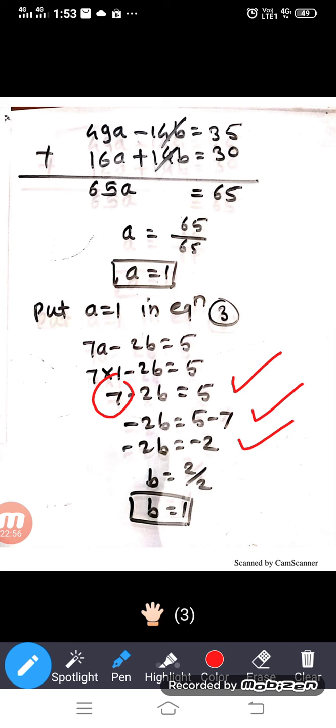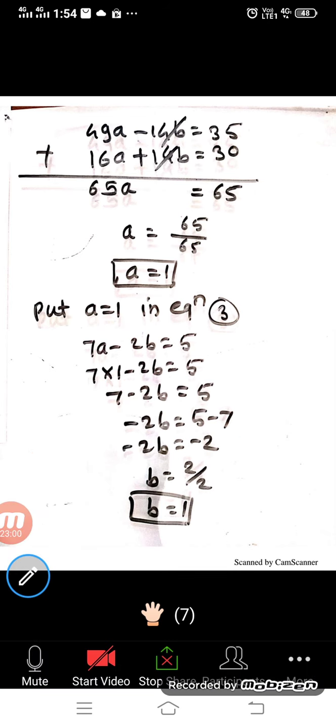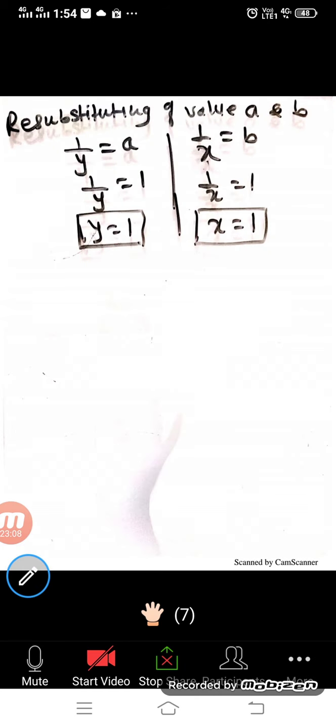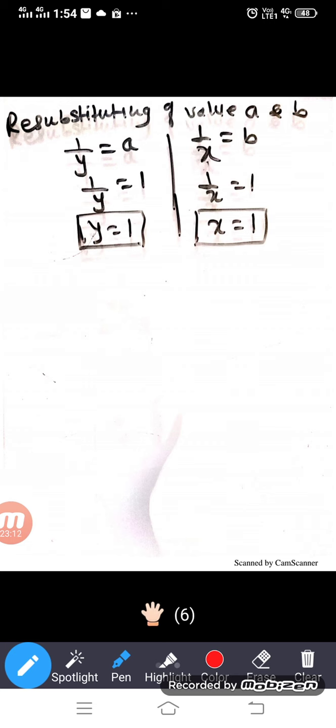Write down here. We get the value of a is equal to 1 and b is equal to 1. Resubstitute the value of a and b. Then we get 1 upon y is equal to a and 1 upon x is equal to b. The value of a is equal to 1, then 1 upon y is equal to 1.